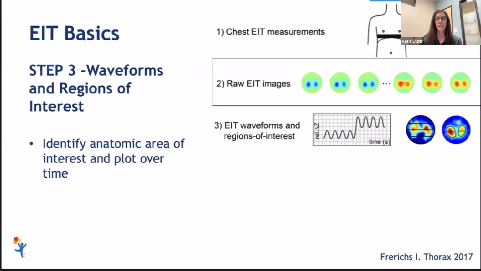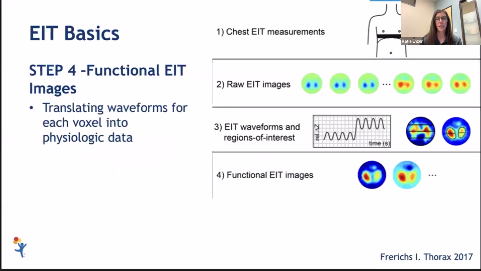Now moving from data collection into analysis, if you plot that change in impedance over time, you can generate waveforms for the entire thorax or just a specific region of interest in the lungs. Those functional EIT images that you see are generated by combining a series of raw images and the corresponding EIT waveforms through mathematical equations to create these approximated anatomic images.